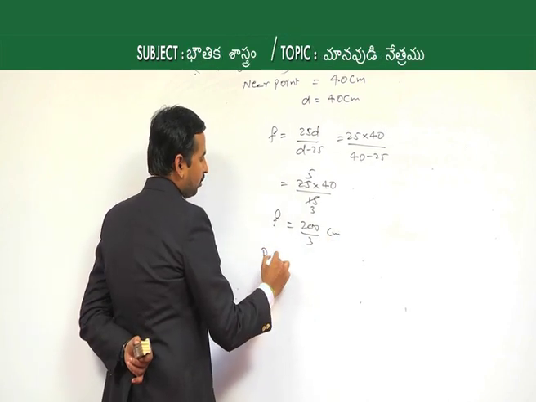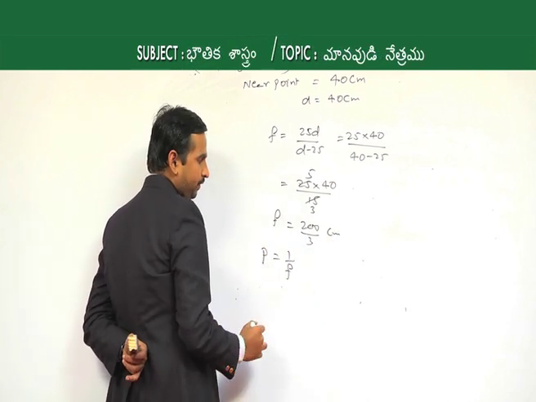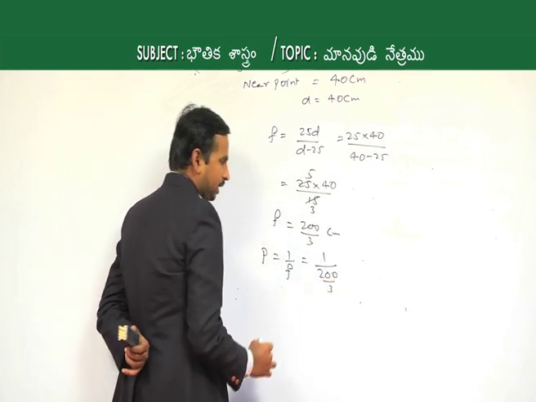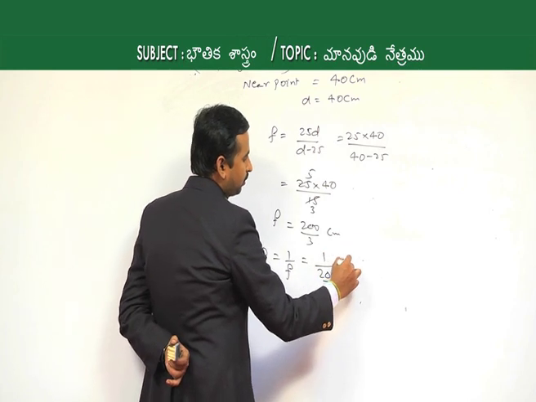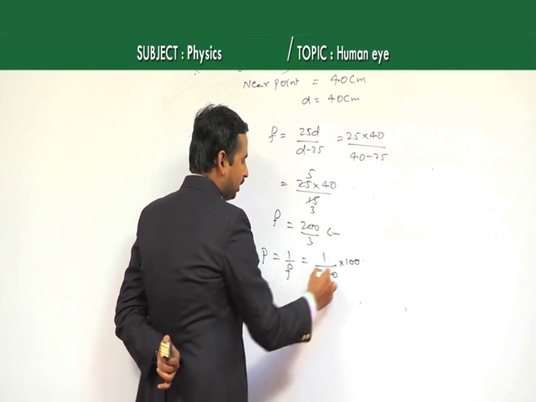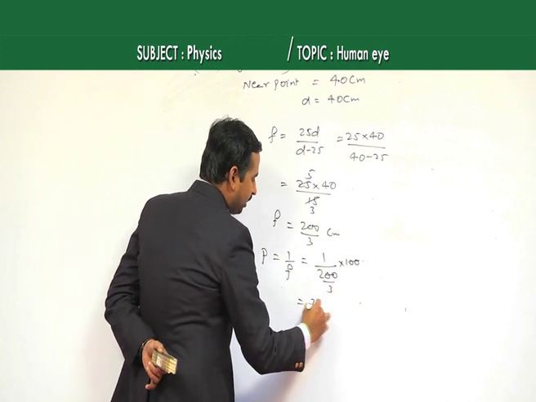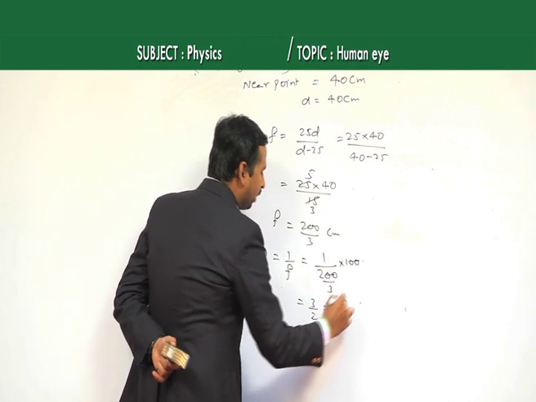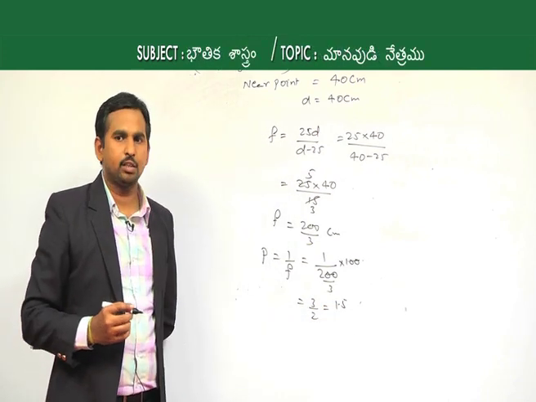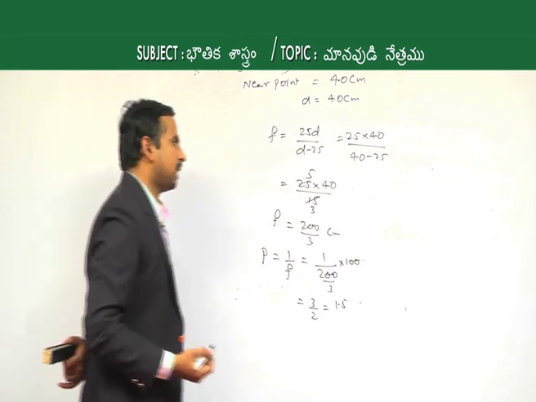Then we need the power. Power is equal to 1 by f, which means 1 by 200 by 3. This is in centimeters, so we have to convert it into meters, which means multiplying by 100. That 100 gets cancelled and 3 comes to the numerator, so it becomes 3 by 2, which is 1.5. And if you observe here, the power we are getting is plus 1.5.